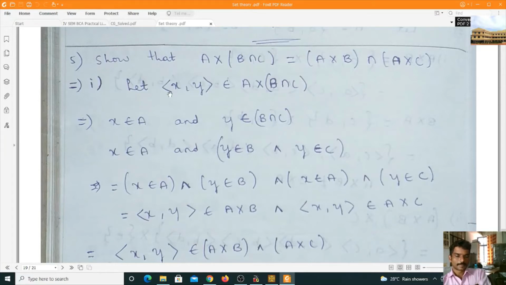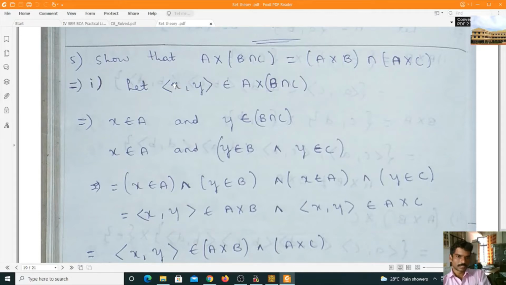Here let the ordered pair x comma y belong to LHS. Here LHS is A cross B intersection C. We consider an ordered pair in the LHS, and we will prove that the same ordered pair belongs to the right hand side.